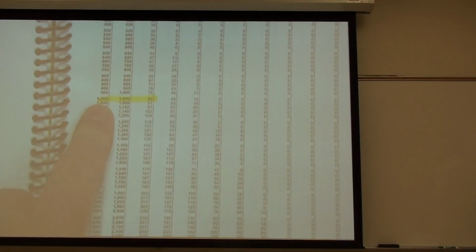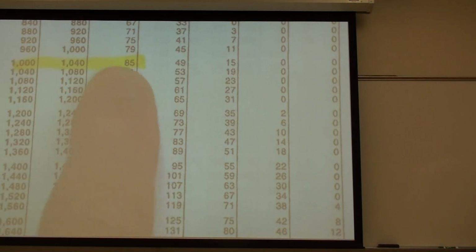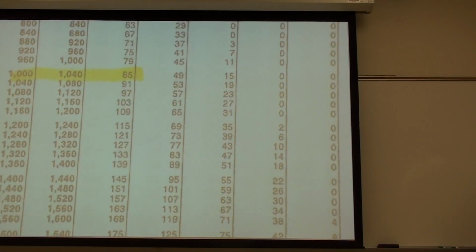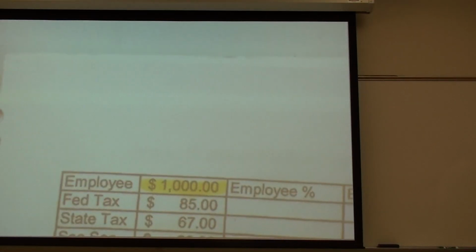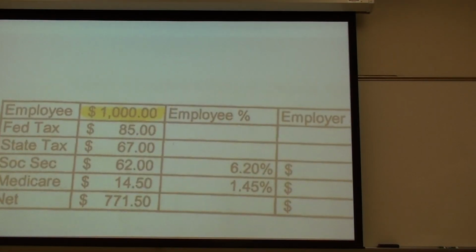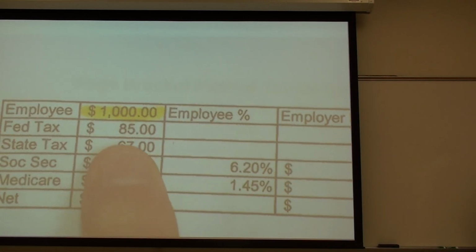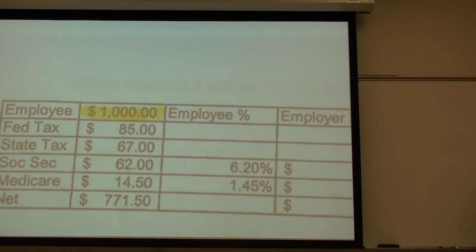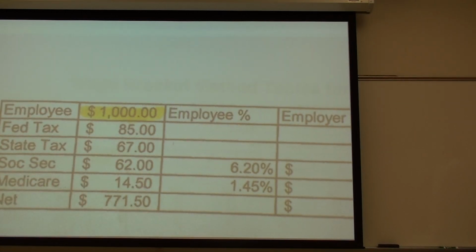So I'm paying them $1,000, so right here, I go down, $1,000 to $1,040, and I'm going to withhold $85. So you can see on the payroll next door here, that's where I got that $85 from, that table. Now again, in the real world, most people use payroll software and that will calculate it for you. But if it ever fails, this way you know how to do it yourself.